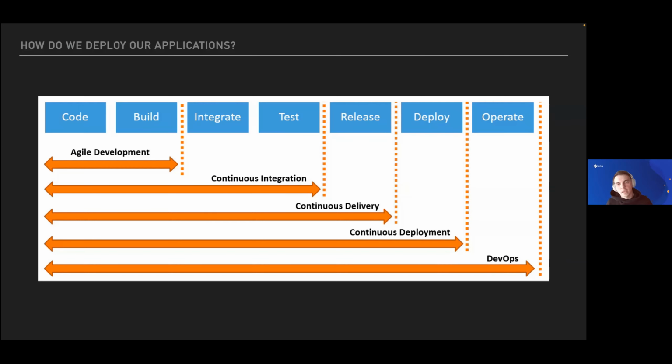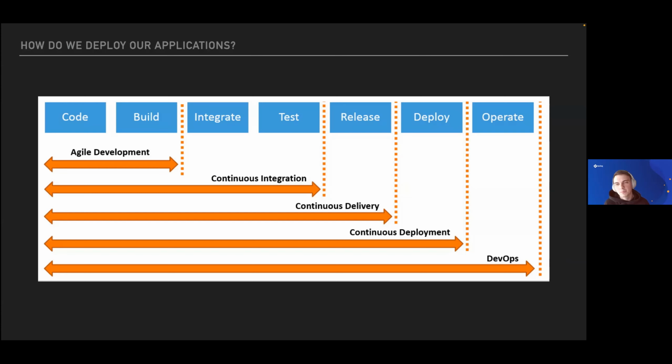Continuous delivery just indicates that you are free to press a button and deploy your applications. So in continuous delivery you have an additional level of control, but continuous deployment really speeds up your release process.